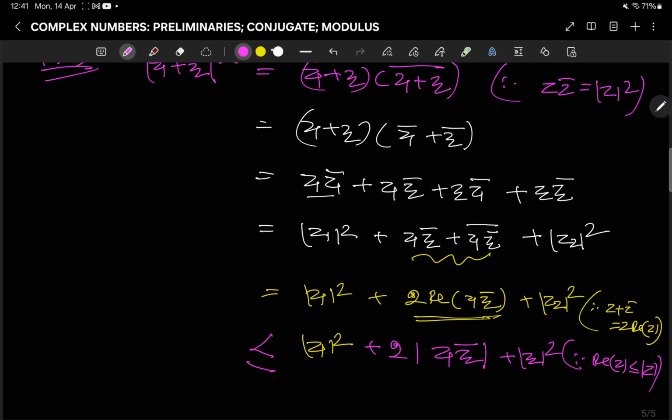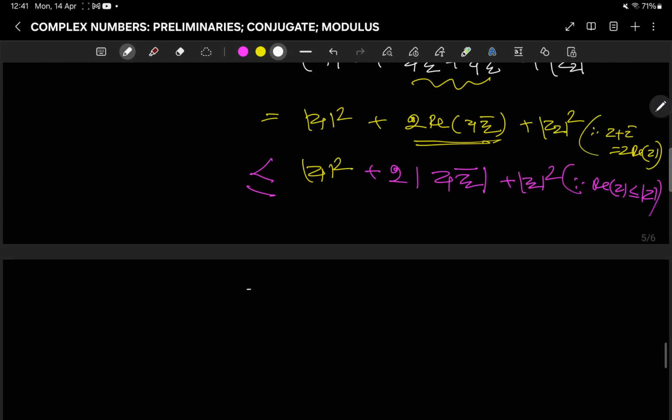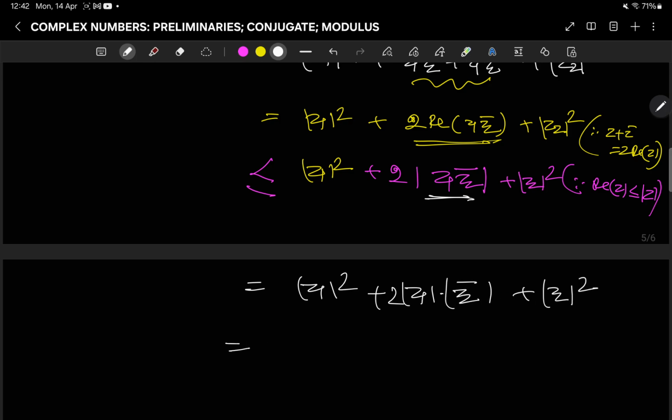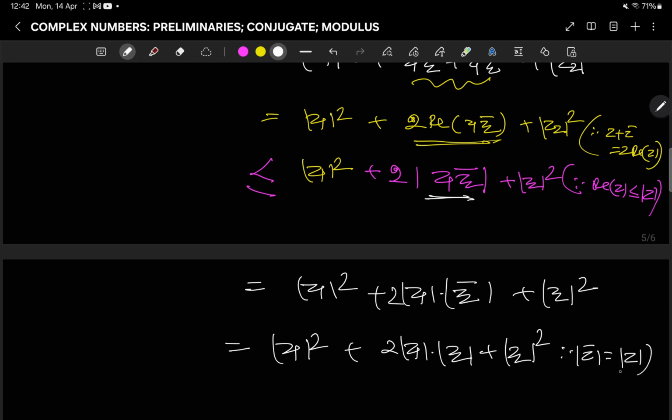So now you split it, so this is equal to mod z1 square plus twice mod z1 into mod z2 conjugate, plus mod z2 square. Now this is the same thing as mod z1 square plus twice mod z1 into mod z2 plus mod z2 square. The reason is mod z conjugate is the same thing as mod z.